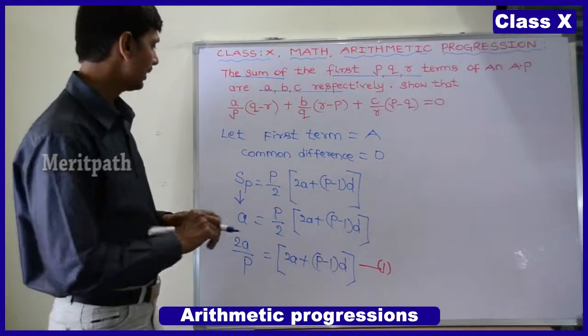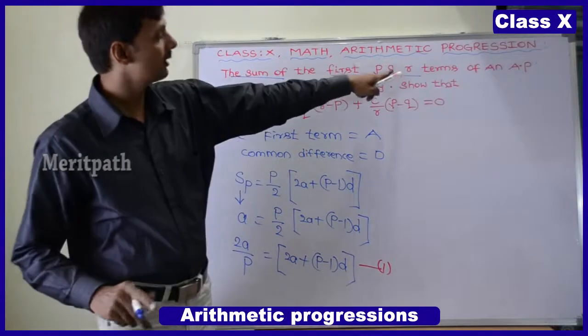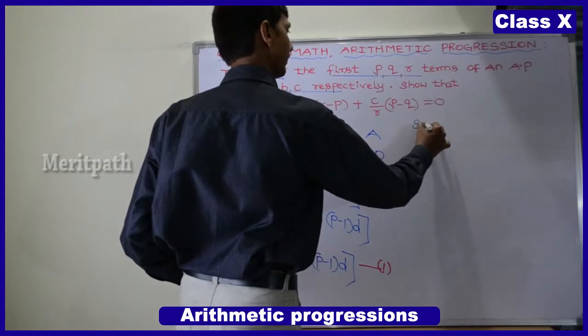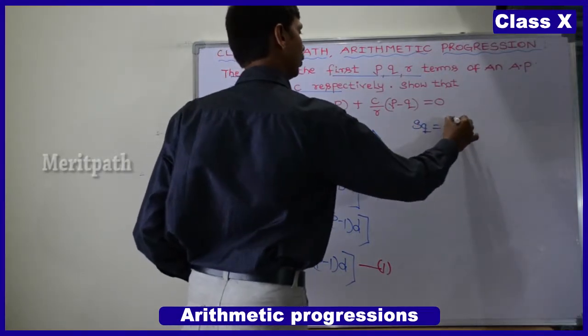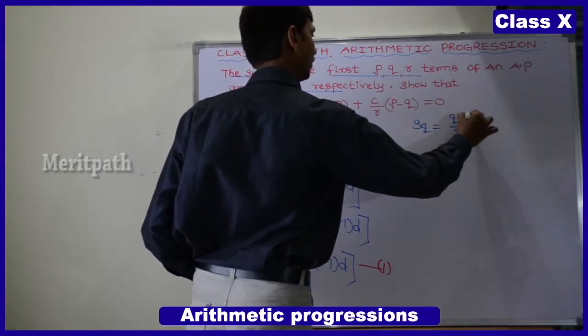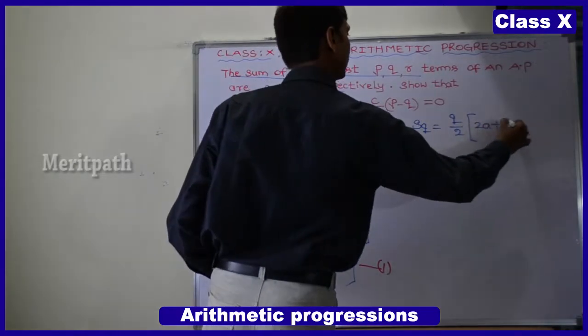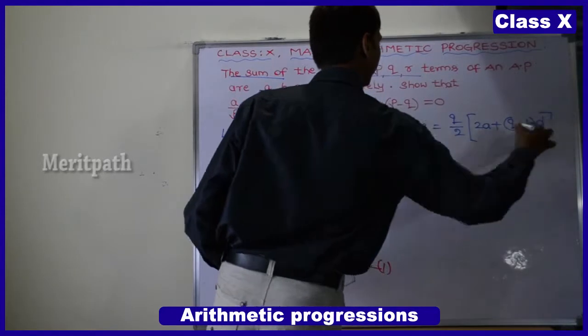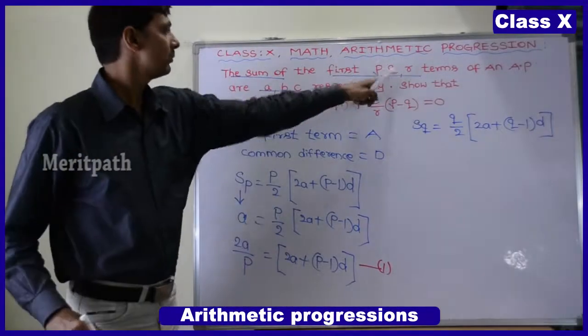For the second one, we need to find the sum of Q terms. So Sq = q/2 [2A + (q − 1)D]. We know that the sum of Q terms is b.